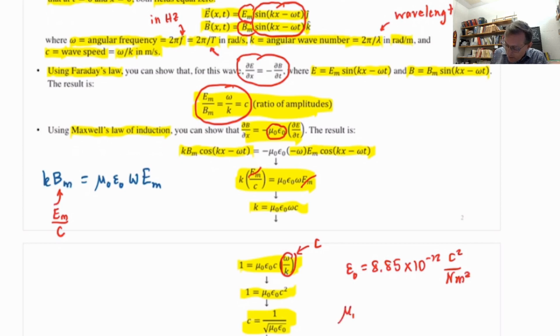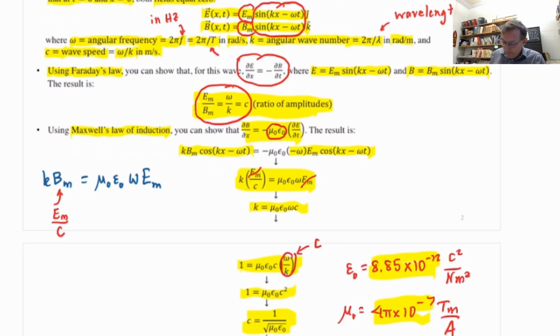And mu0 is 4 pi times 10 to the negative 7 tesla meter over ampere. So you ought to try this. I really recommend you do. Pause the video if you like, and go to your calculator and take 8.85 times 10 to the minus 12, times 4 pi times 10 to the minus 7, multiply them, take the square root, and then take 1 over x and see what you get.